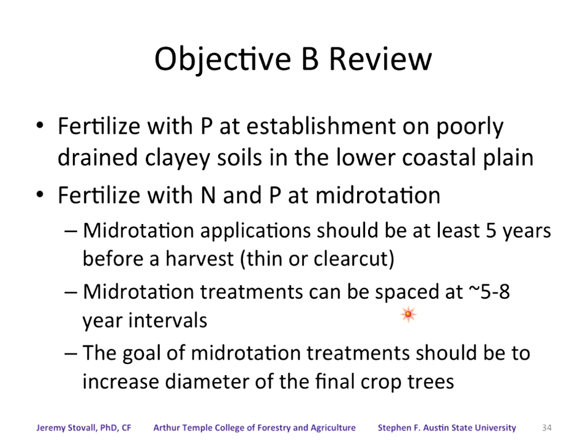And the goal should really be to increase the final diameter of those crop trees. And so if you fertilize right after a thinning, you've just removed trees that aren't going to be your crop trees, and you're not essentially wasting those nutrients you apply with fertilizer on non-crop trees. Okay, so 5 to 8 years tends to be a good goal before a thinning operation or before another mid-rotation application of nitrogen fertilizer.